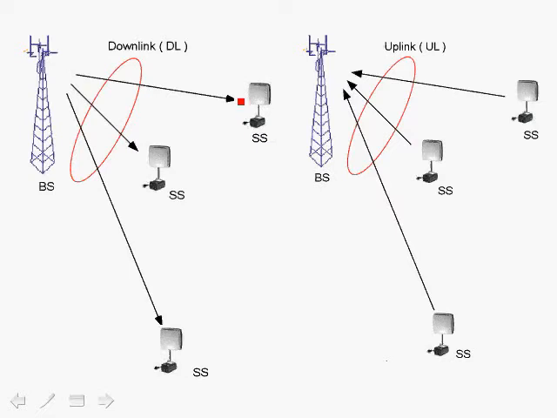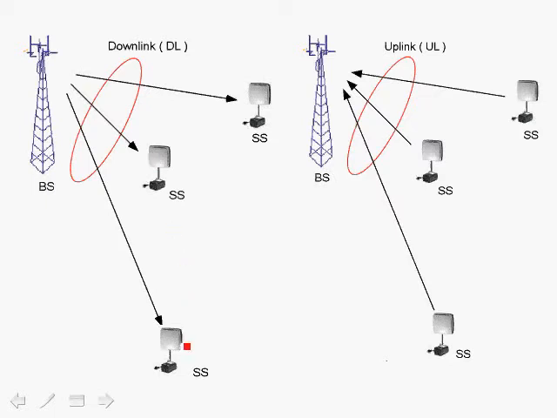Also, in this diagram, we have purposely shown the situation where the subscriber stations could be either close, far, or within medium range of the base station. It takes a while for the signal to reach a particular subscriber. For example, it may take 200 microseconds or 150 microseconds to reach one particular subscriber and less than 20 microseconds to reach a near-end subscriber.